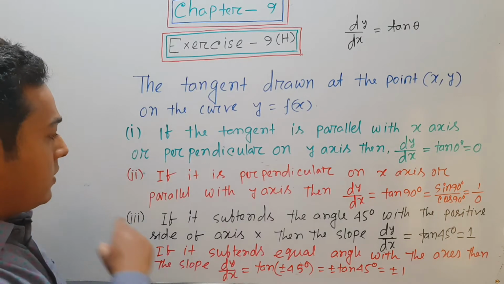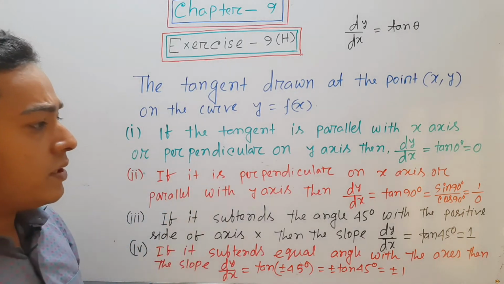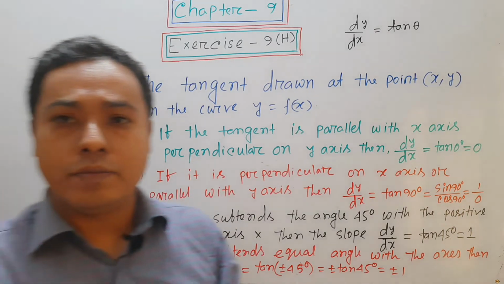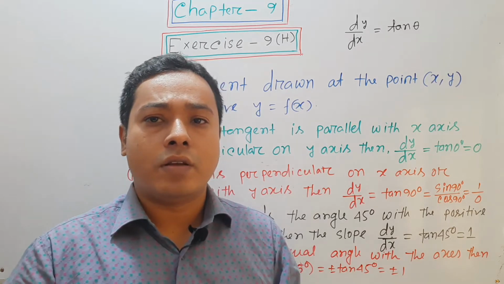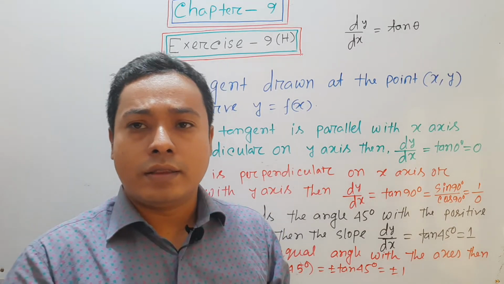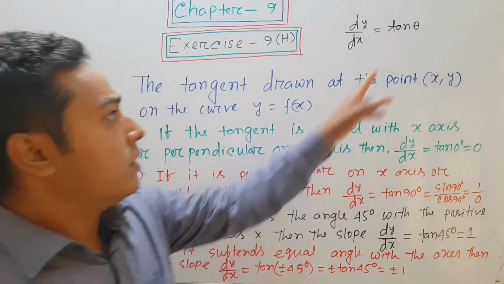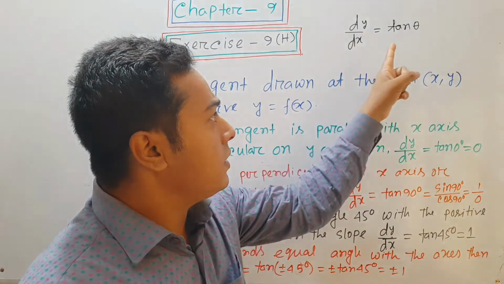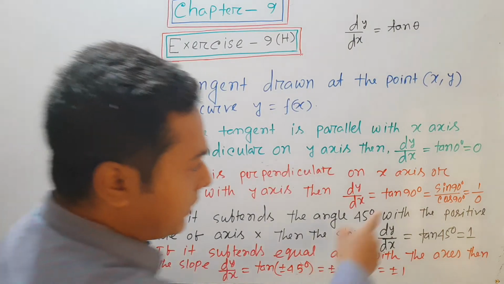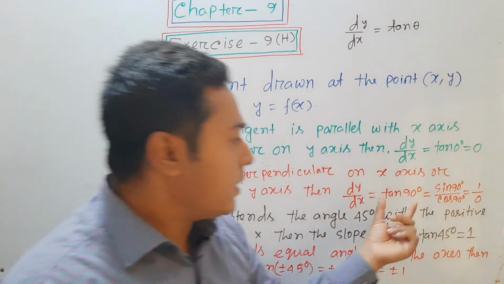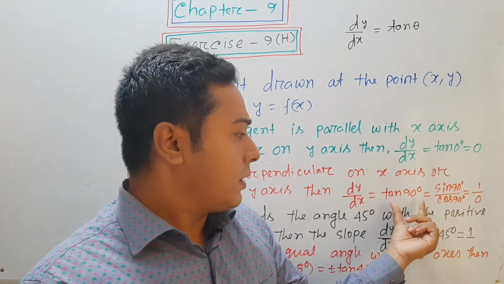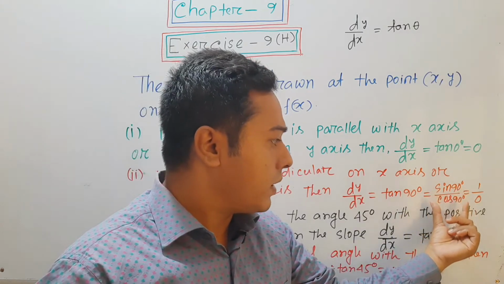In the second case, if the tangent is perpendicular to the x-axis, then the angle with the x-axis is equal to 90 degrees. So dy/dx is equal to tan 90 degrees, and we know that tan theta is equal to sin theta divided by cos theta, so tan 90 degrees is sin 90 degrees divided by cos 90 degrees.